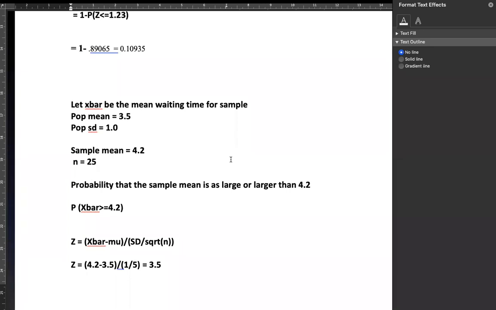I don't want you to be fixated on this or that. Some talk about 25 or more, others talk about 30 or more, and these numbers are large enough for us to use. Can it be 15 or more? 15, no, unless the parent distribution was fairly symmetric, then 15 would suffice. But for general purposes, 15 is quite small. 25, fine, but 15 is small.